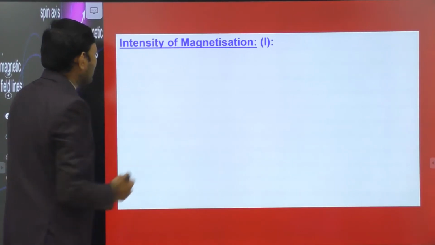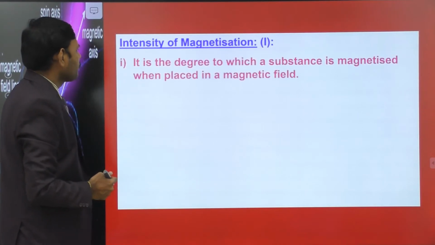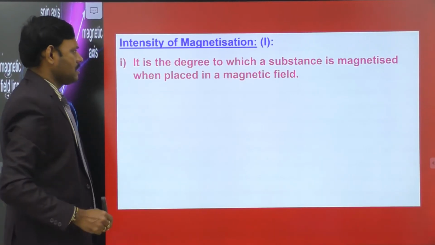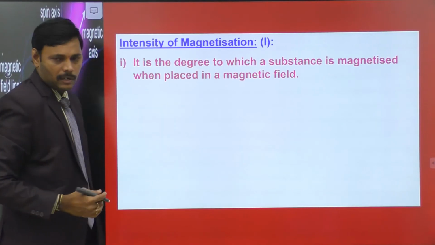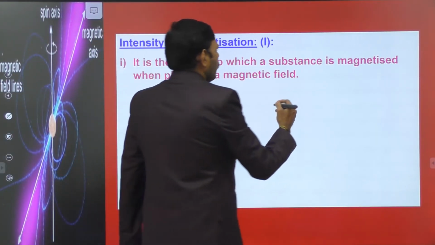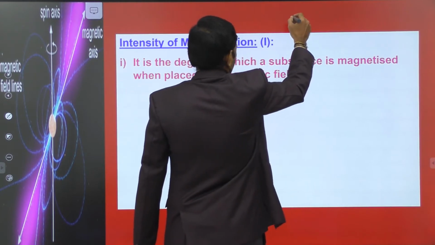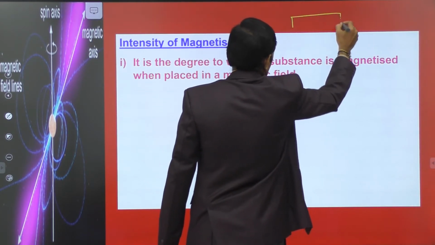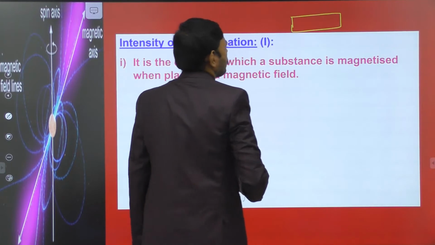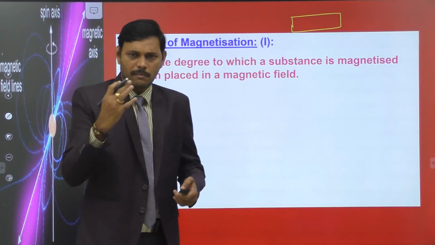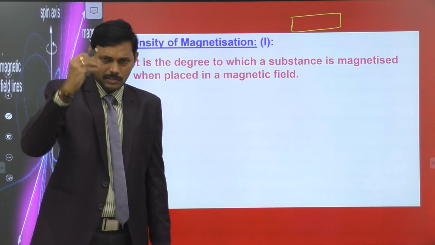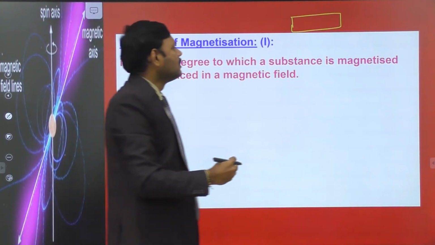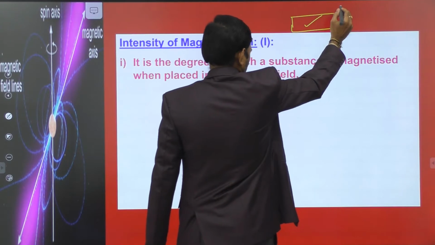Intensity of magnetization, that is I, is the degree to which a substance is magnetized when placed in a magnetic field. Suppose you insert an iron rod in a region, iron is a magnetic material. When you insert a magnetic material such as iron in a magnetic field, it may get magnetized.